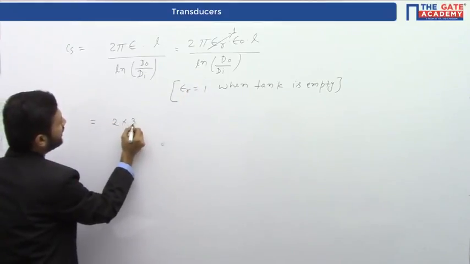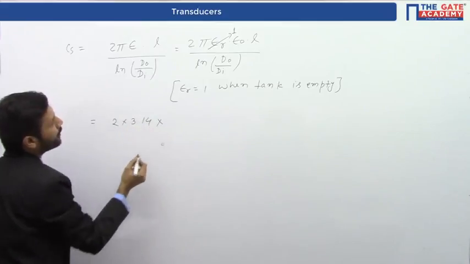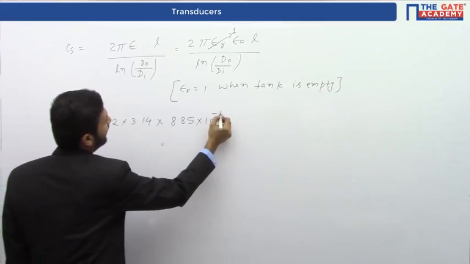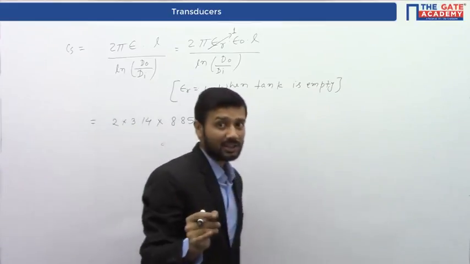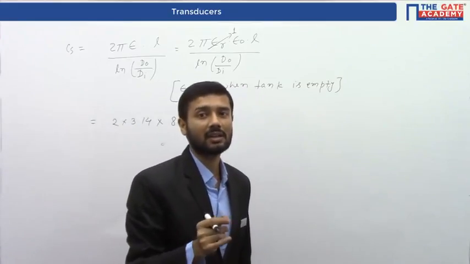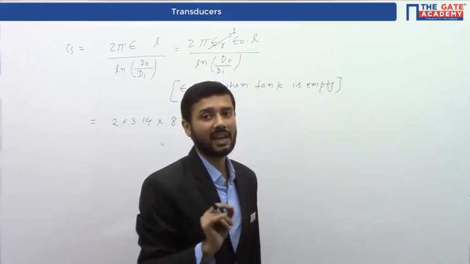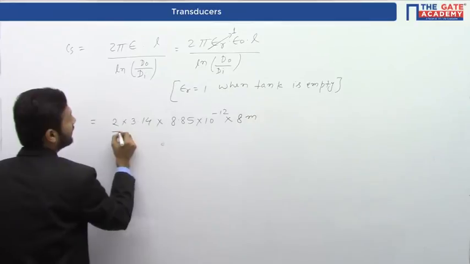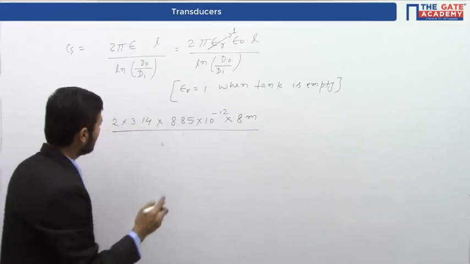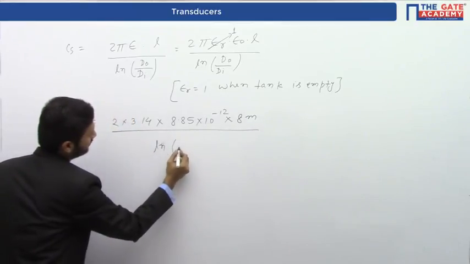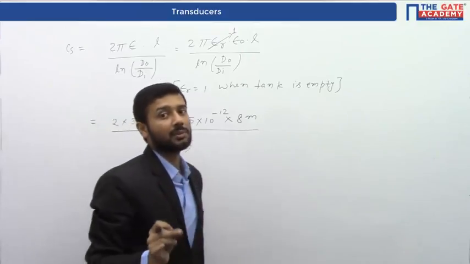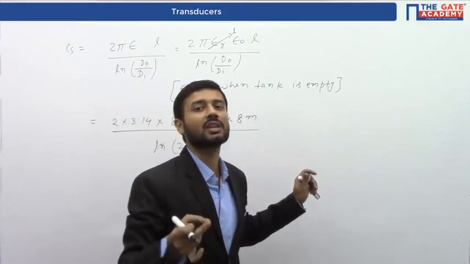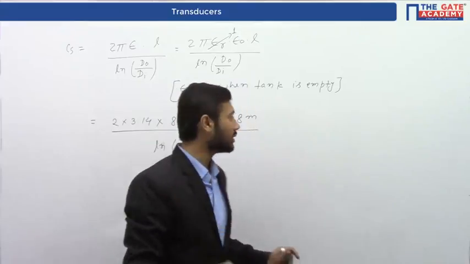2 into 3.14 into epsilon naught, given as 8.85 into 10 to the power minus 12, and the length of the level measurement transducer is given as 8 meter. So we put 8 meter by ln 2, because the diametric ratio d naught by di is given in the question as 2.